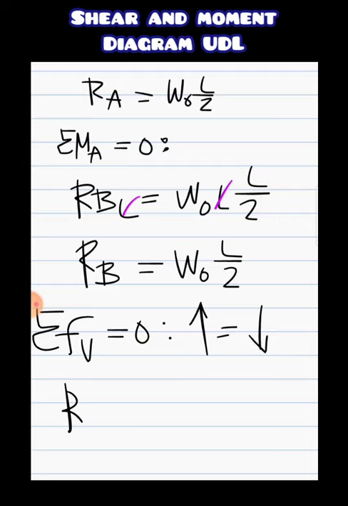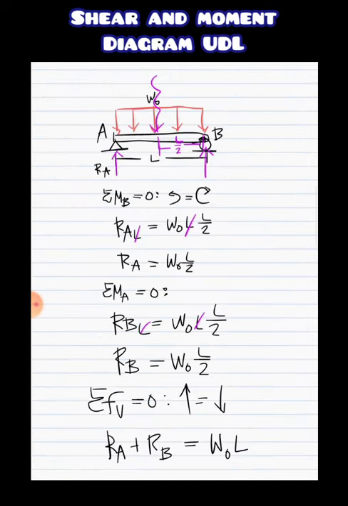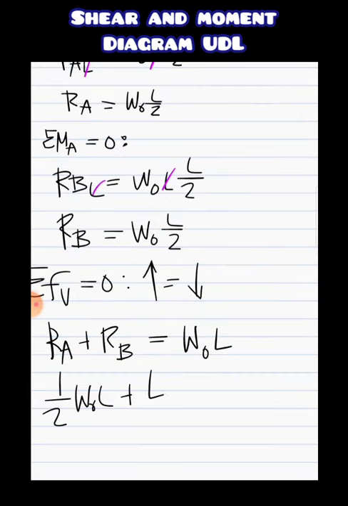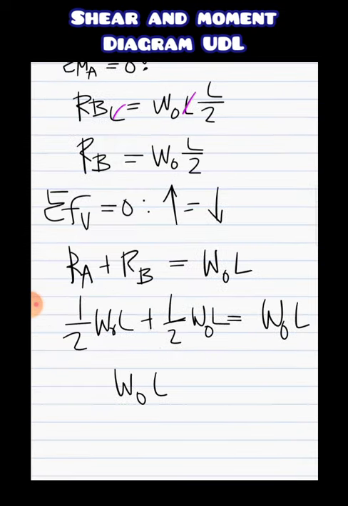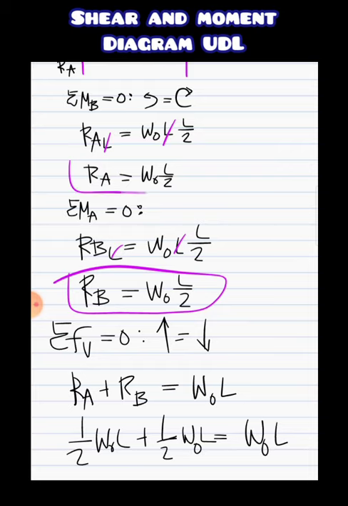And so we have RA plus RB, these are the upward reaction forces, equals the resultant, W times L. So we have 1/2 WL plus 1/2 WL. It's indeed, when you have 1/2 plus 1/2 becomes 1 whole, WL equals WL. So with this, you can say that our reactions are correct.